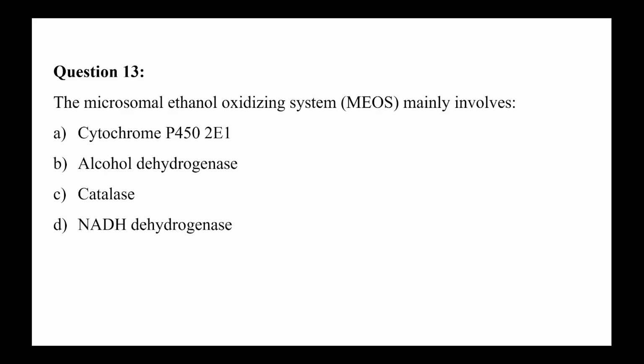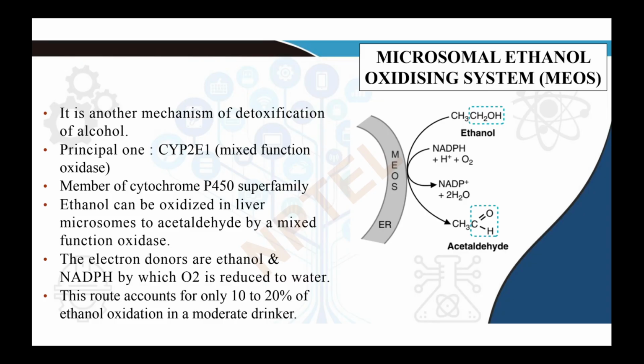Yes, you are right. Option A is the correct answer, cytochrome P450. This is another alcohol metabolic pathway, along with alcohol dehydrogenase. One type of cytochrome P450 is the 2E1 variant. CYP2E1 is a mixed function oxidase.